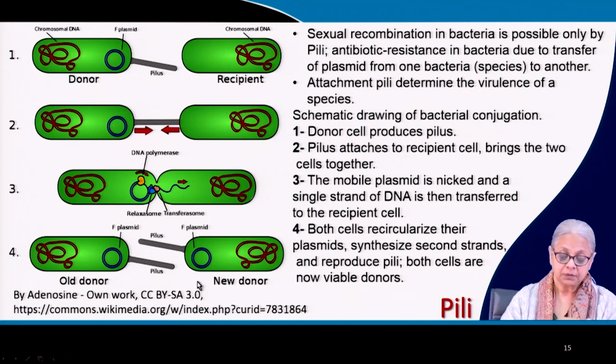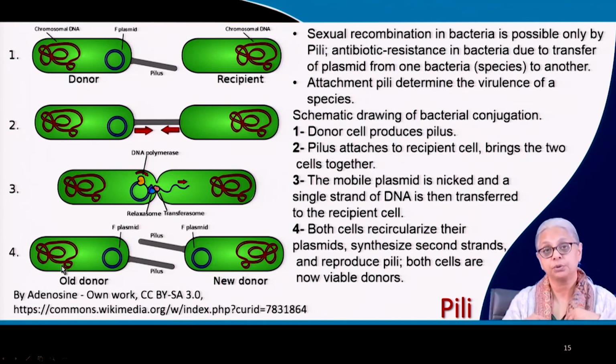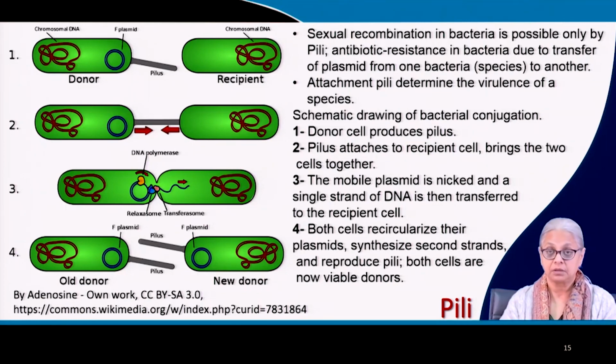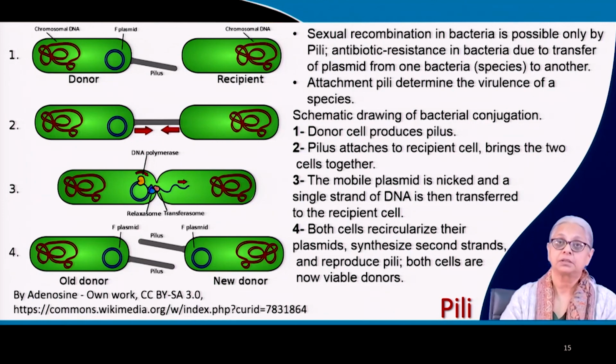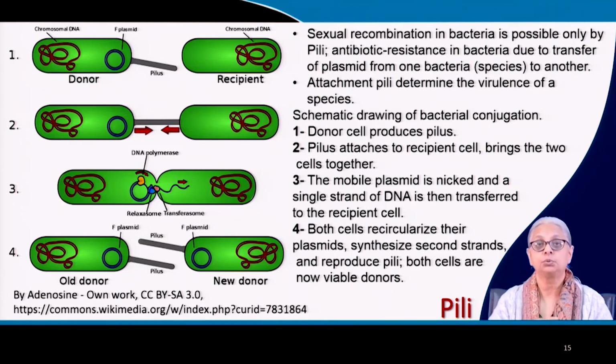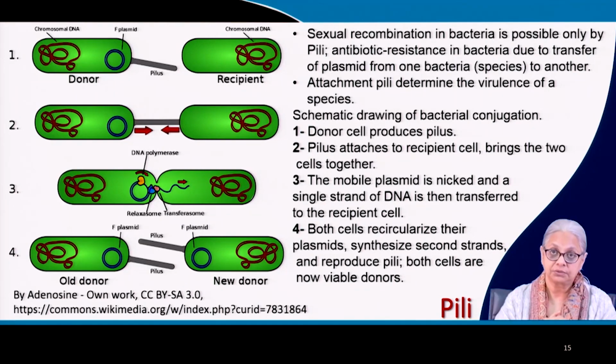And similarly, this new cell and the old cell both will continue to provide this plasmid to other bacteria in its environment, giving antibiotic resistance to all the cells in their environment. So even though sexual recombination does not happen, this is the only way that bacteria are capable of transferring some of their DNA to other bacteria of the same species.